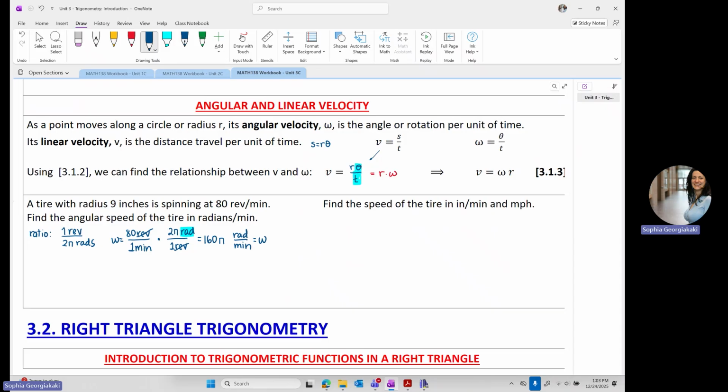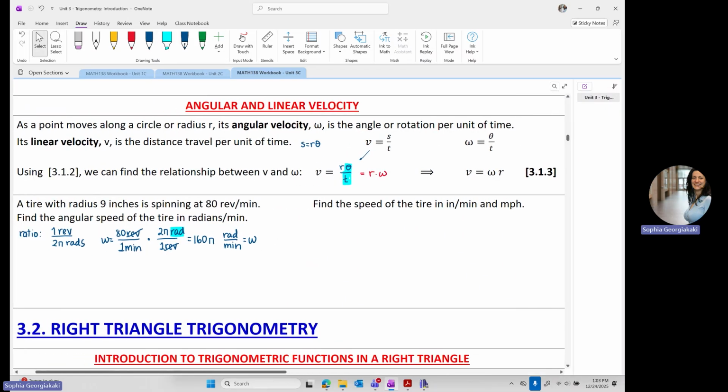So we want to find the speed of the tire in inches per minute and then in miles per hour. So the tire has a radius of 9 inches, and the outside of the tire is the part of the tire that touches the road. So that's the part that determines the speed of the car, or even of the tire, the linear speed.